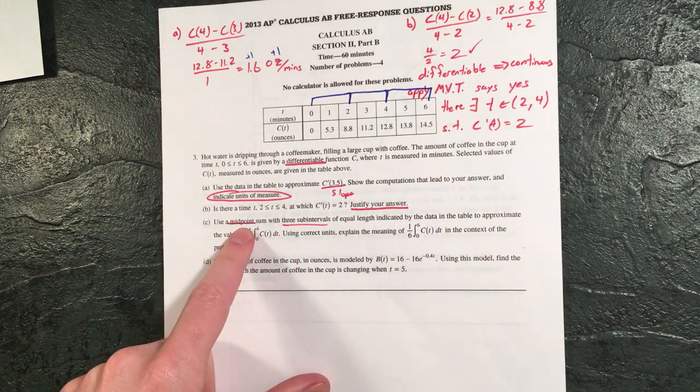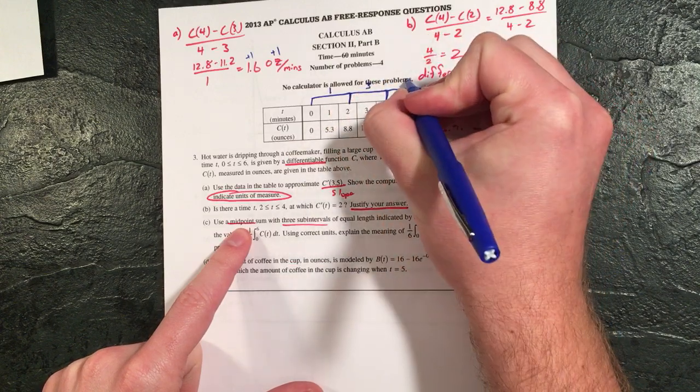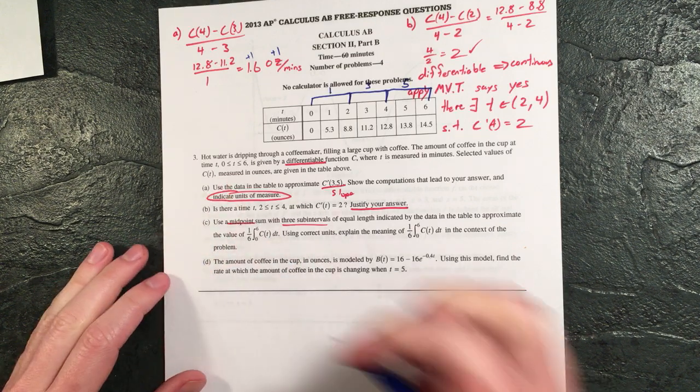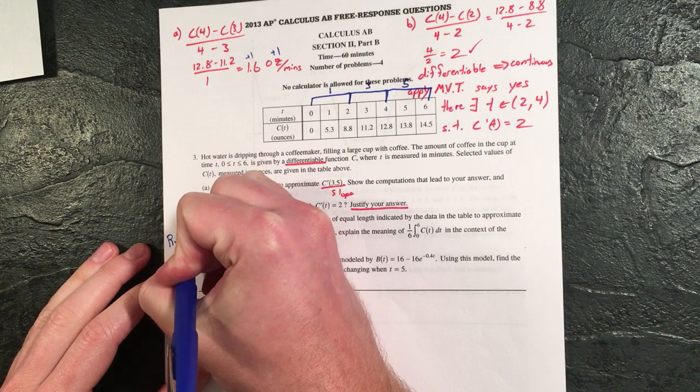But it says midpoint. So really the numbers we want to look at are 1, 3, and 5. Those are our big important ones. And this is really all indicating to us that we're going to use some Riemann sums.